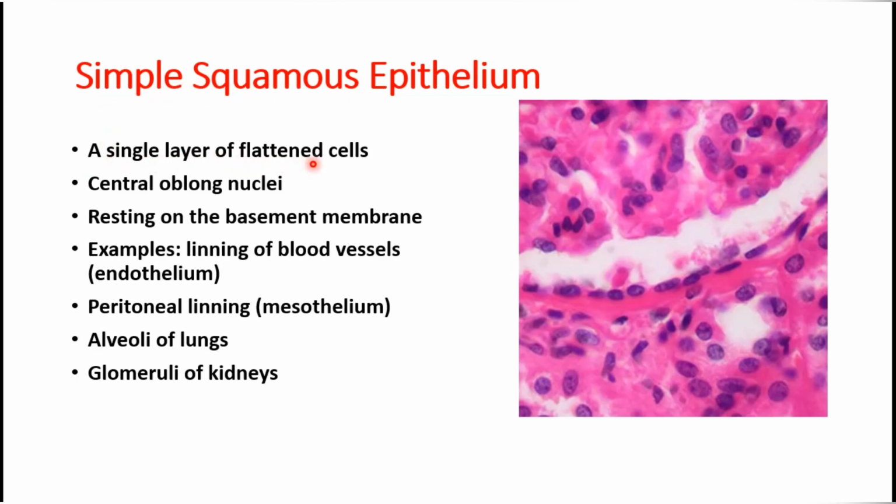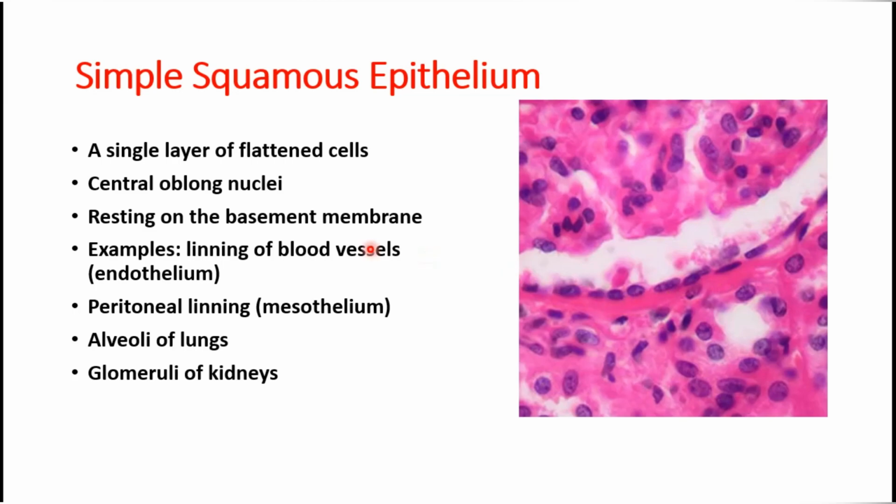The other important point is a central oblong or ovoid nucleus, and this epithelium will be resting on a basement membrane. Here you can see a very clear image of a simple squamous epithelium, oval shaped nuclei and flattened cells. These cells are resting on the underlying pinkish connective tissue.